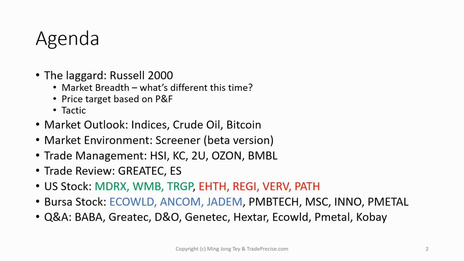I will also be showing you the price target for the Russell 2000 based on the PNF and the tactic. As usual, I will cover the market outlook with the 4 major US indices, crude oil and Bitcoin. I'll also be sharing a new tool that I'm still developing, my screener, which is still in the beta version.